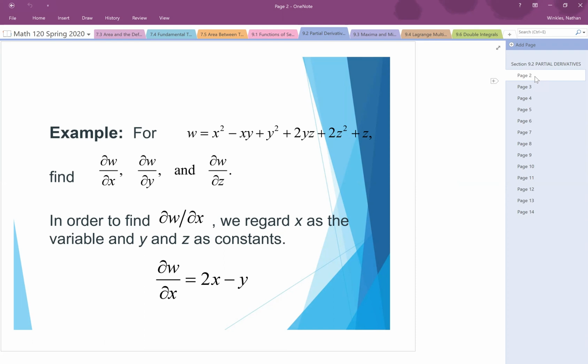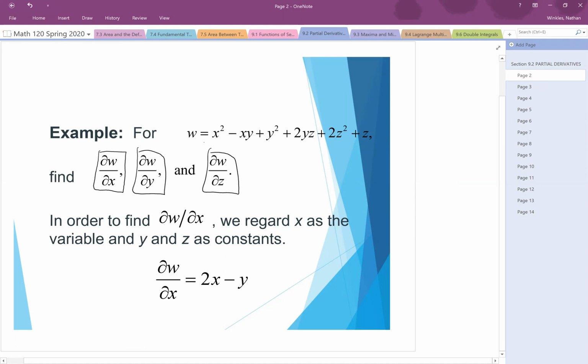In other words, we have no product rules of x and y or y and z in this case. Notice there is a slight difference in our notation for each one of these.